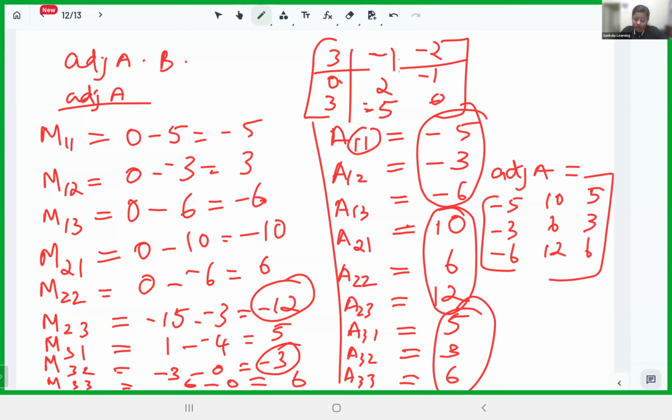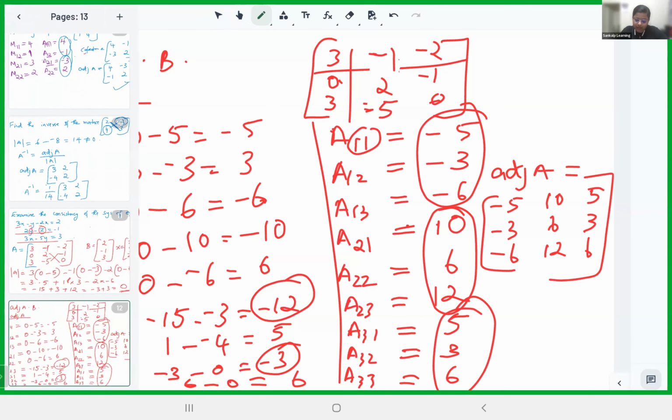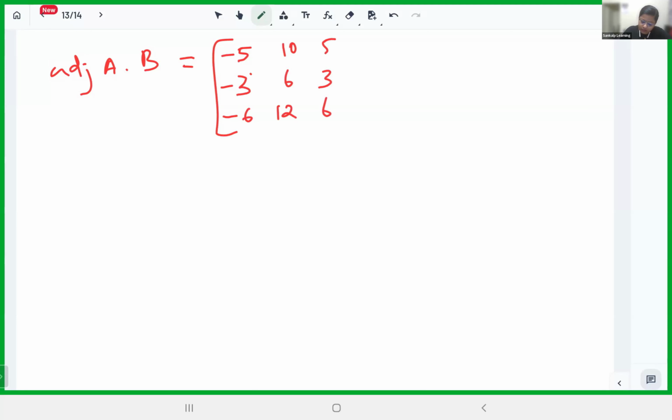Now what you have to do? You have to find out adjoint of A into matrix B. So that is equal to minus 5, 10, 5, then minus 3, 6, 3, then minus 6, 12, 6 into 2, minus 1, 3.